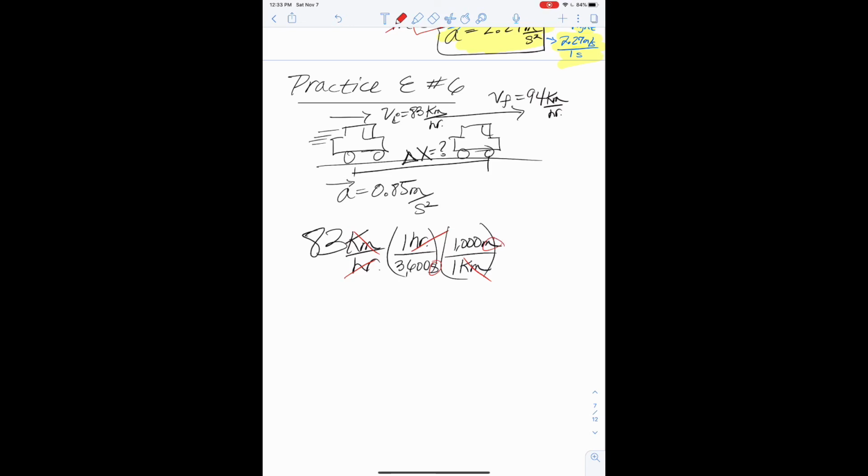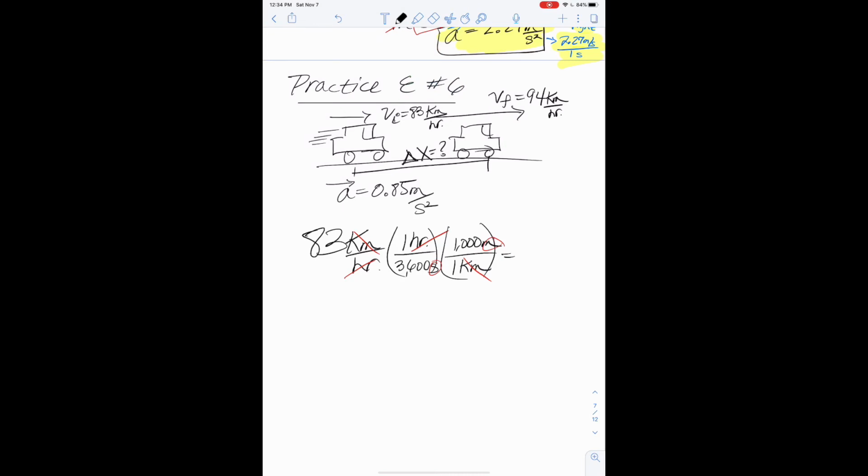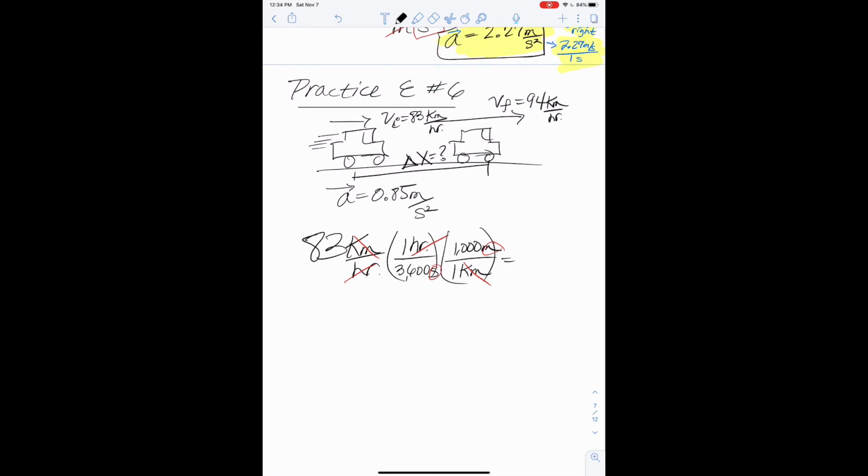So we are done. Let's gather up everything we have. 83 times 1,000 meters on top, 3,600 seconds on bottom. And that's good. All right, let's go ahead and plug that in the calculator here.